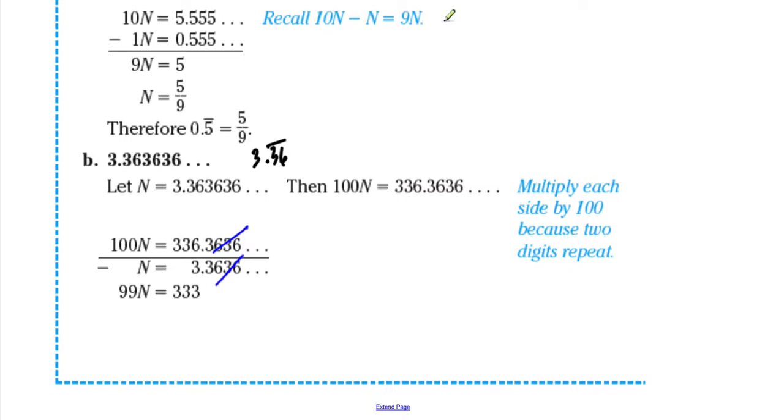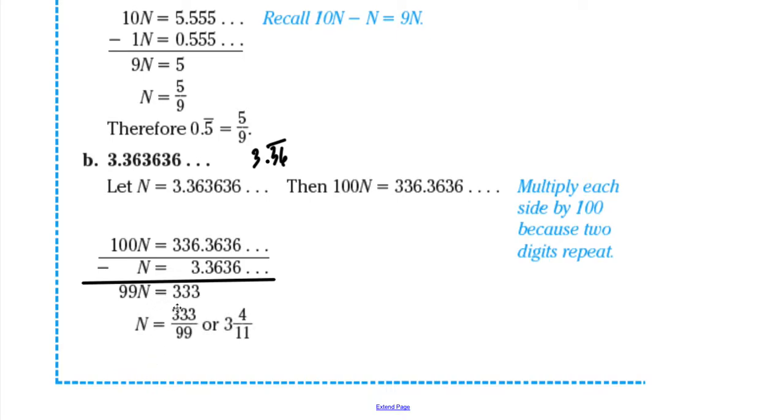Don't mind the line, it should be here, this way. That's a misprint. So it will be 99n equals 333, and then we simply solve for n by dividing both sides by 99.